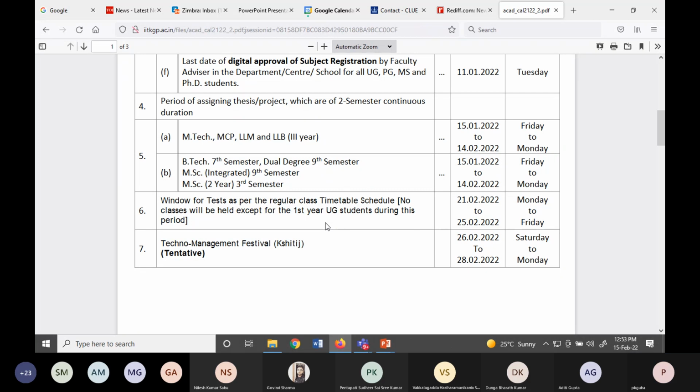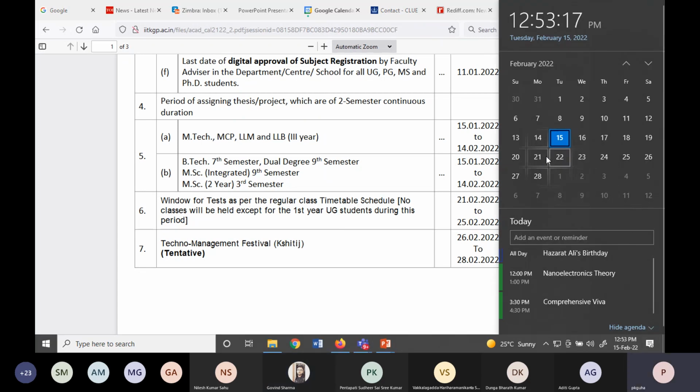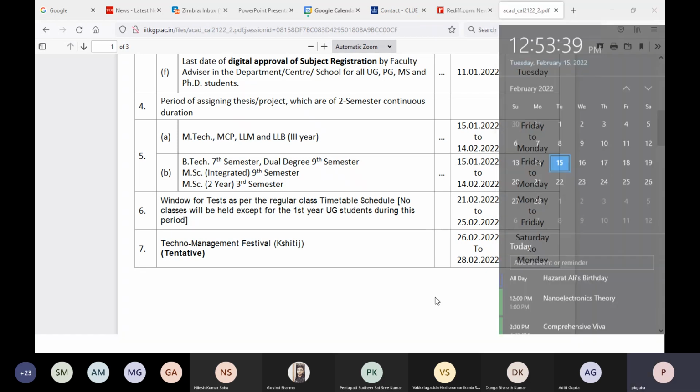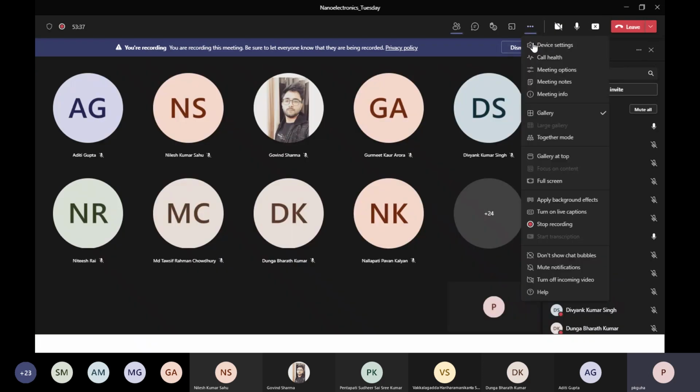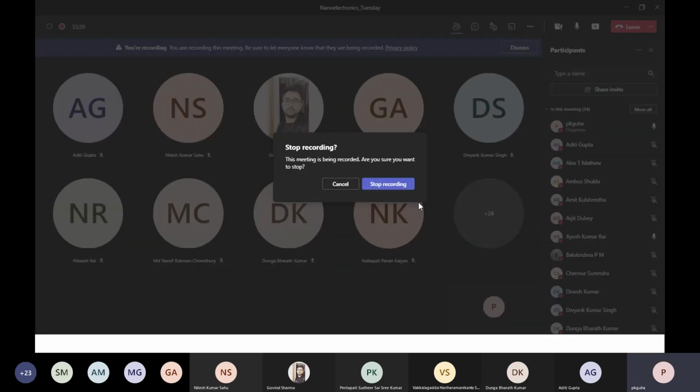Right. So there will be no class. 21 to 25th. Oh, jolly good. So there will be no class on Monday, but we will have exam on Tuesday from 12, right? Is that okay? But if you have any doubt, you drop me a line.